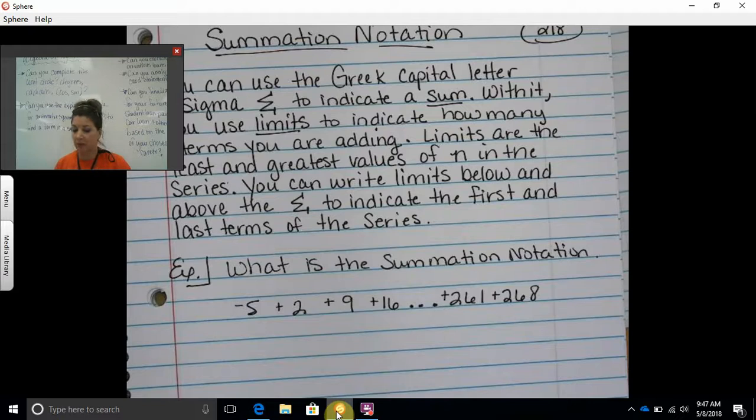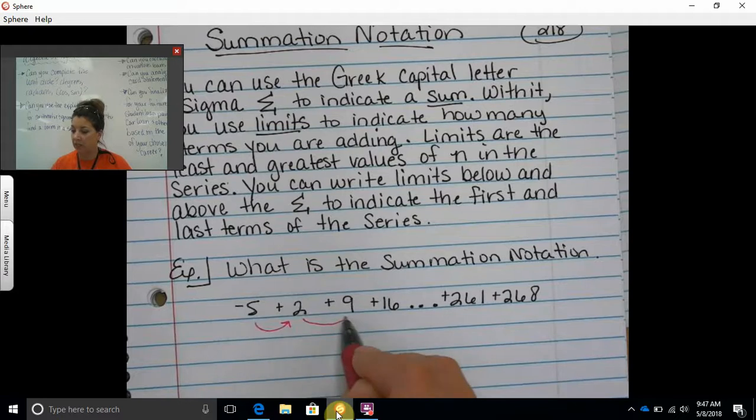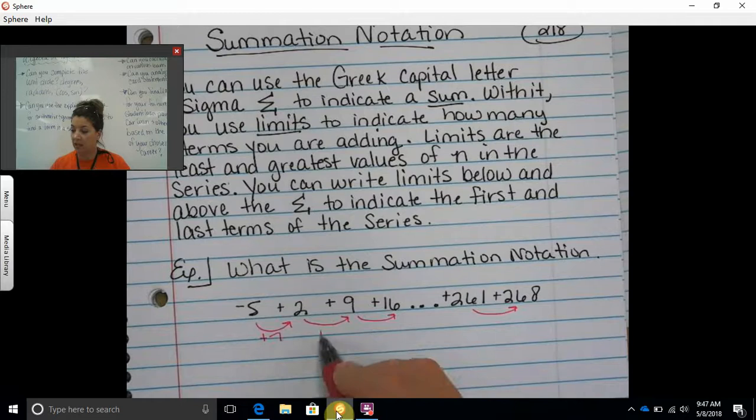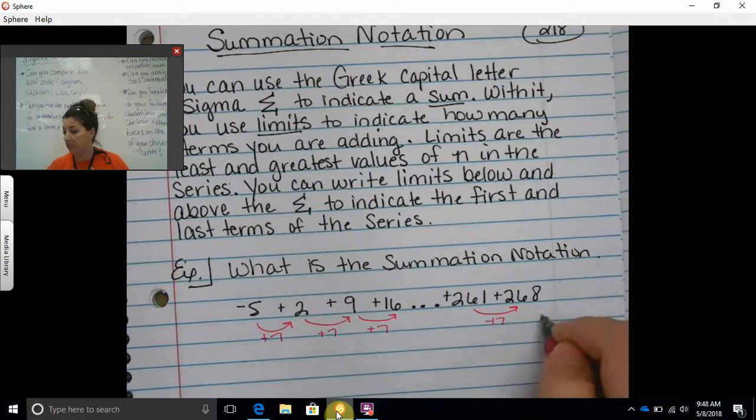Okay, first of all, is this arithmetic or geometric? Arithmetic. What number am I adding every time to get to the next term of the sequence? 7. So plus 7, not times 7, plus 7. So that tells us it's arithmetic.